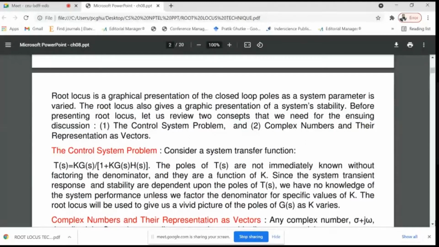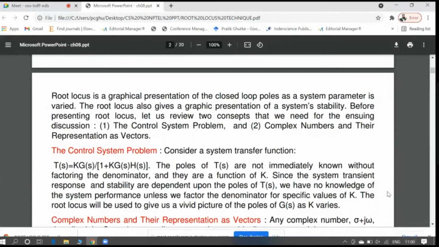Since the system transient response and the stability are dependent upon the poles of T of s, we do not have knowledge of the system performance unless the denominator is factored.